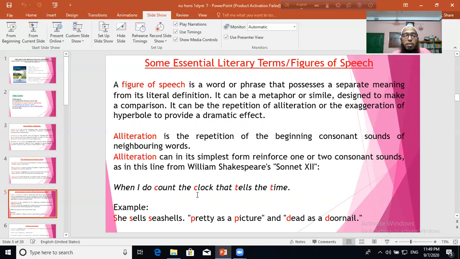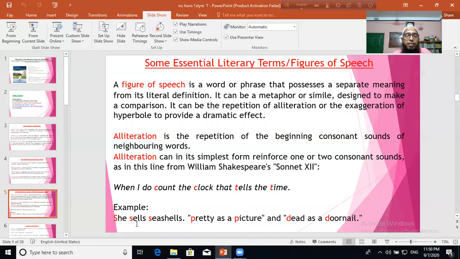If you look at the sentence, you see count, the red marked one, the consonant sound ka, and clock. Here is ka, count, here is clock, ka. The same consonant sound ta, ta, tells the time. So this type of repetition of consonant sounds is a figure of speech named alliteration.